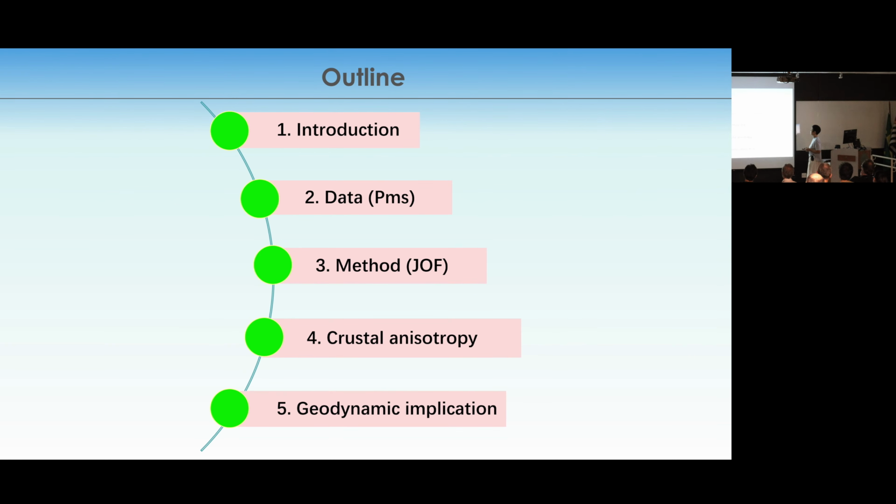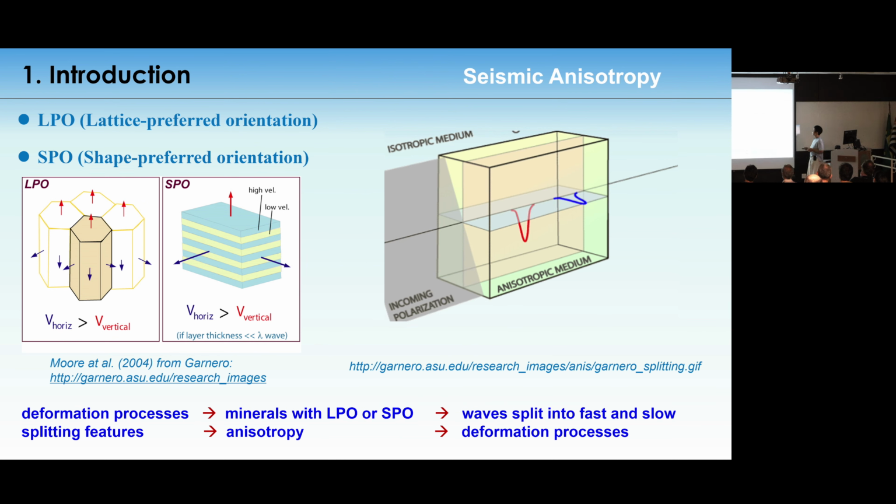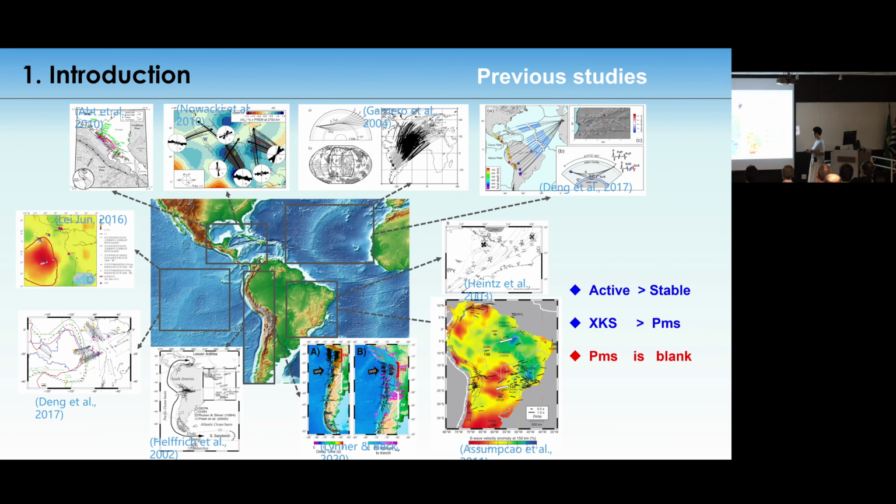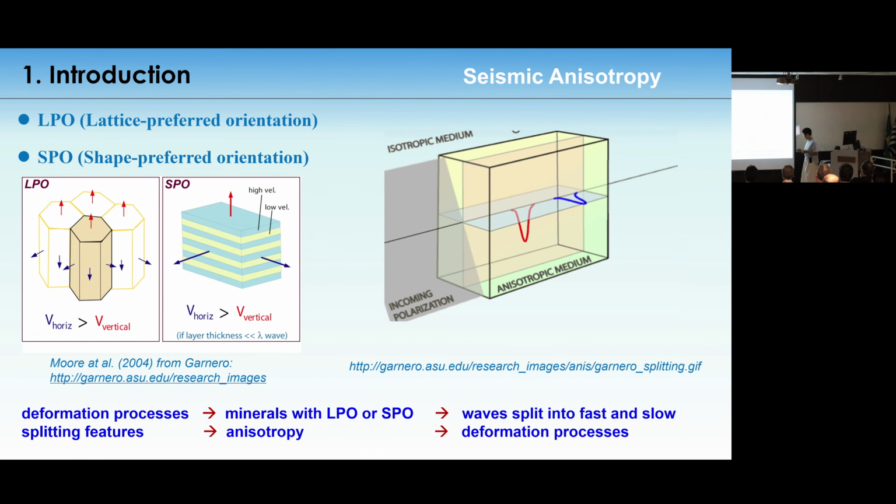My presentation includes 5 parts. In the first part, I will talk a little about the basic concepts and the motive of the study. As we know, seismic waves passing through minerals with lattice-preferred orientation or shape-preferred orientation will split into fast and slow waves, and this feature we call shear wave splitting.